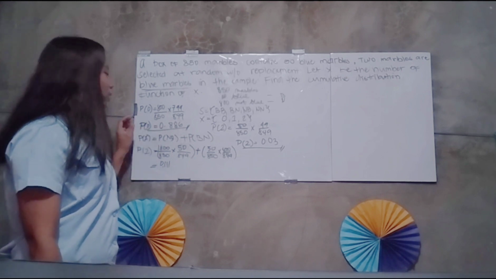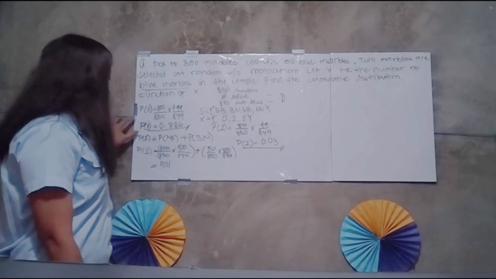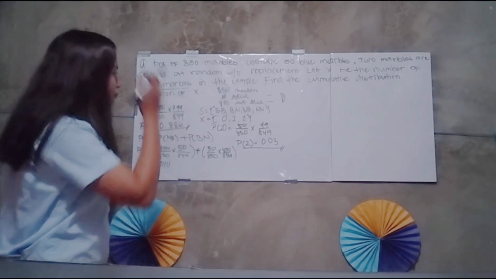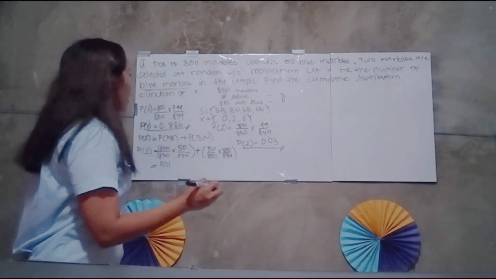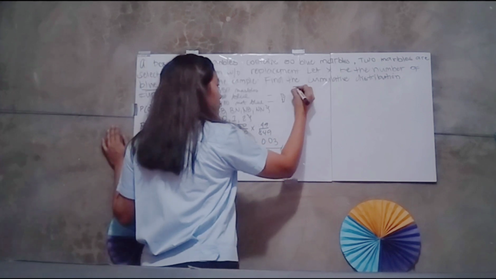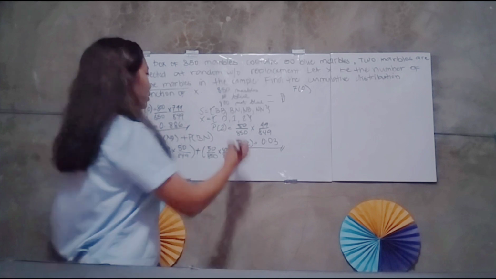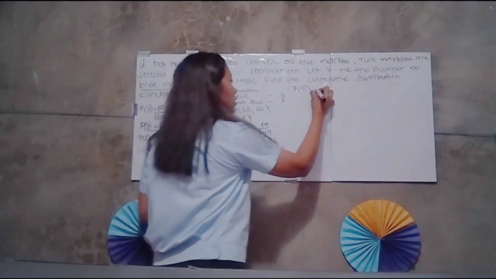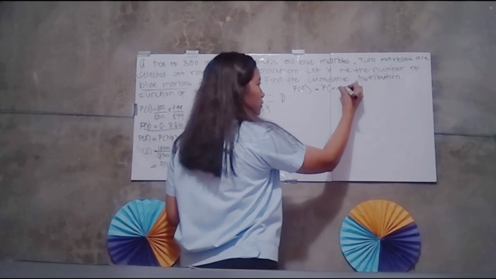Pag pinag-plus-plus natin ito, probability of 0, P of 0, P of 1, and P of 2 is equal to 1. So, next, to find the cumulative distribution function, first, we need to get the F of 0. Dahil siya naman ang nakuha dito. So, F of 0 is equal to probability of x less than or equal to 0.